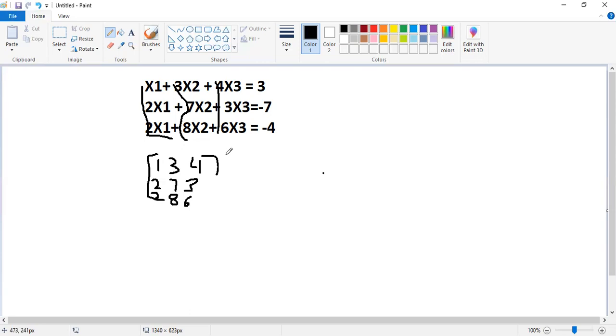Then the next thing is for us to group the unknowns. We can see that x1 comes before x2, x2 comes before x3. So that's the order we write them. Let's say x2 came before x1, before x3, then x2 will come first. But here x1 comes first before x2, before x3. So you have to write it in the same order.